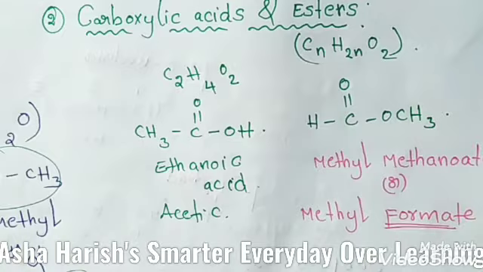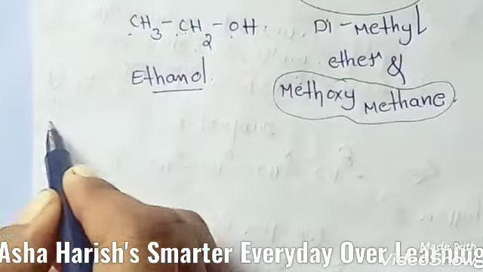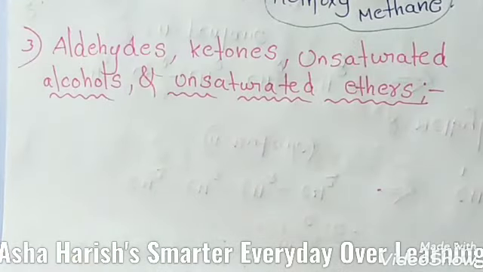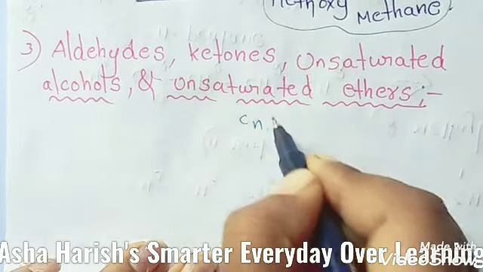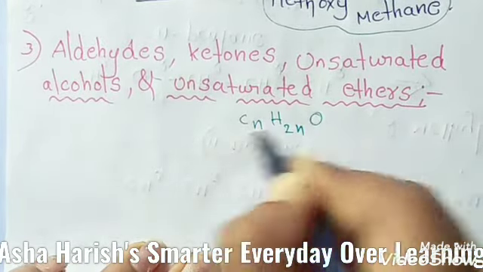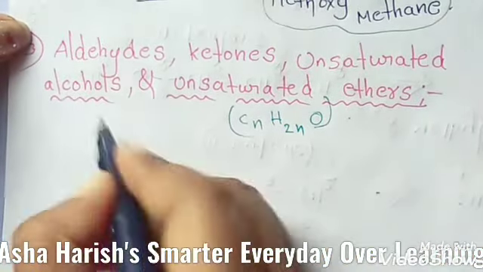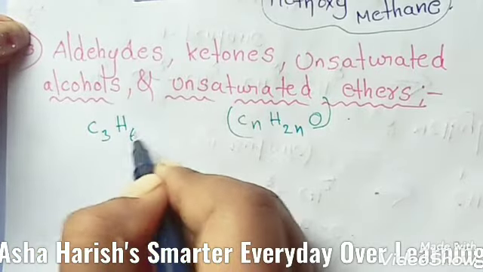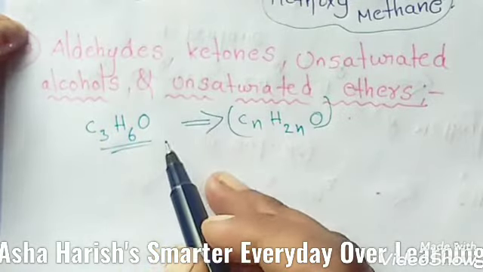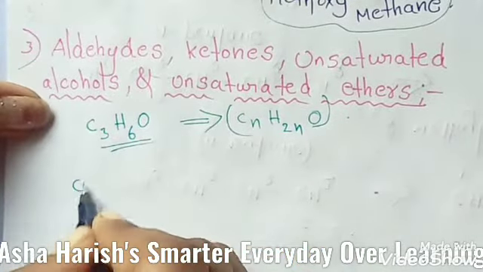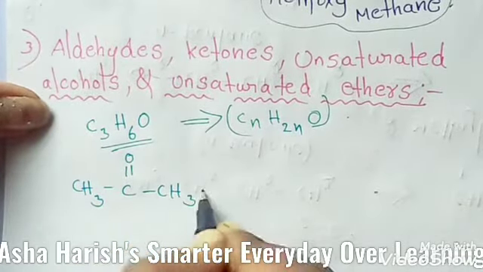We shall go for the third one. The third type is aldehydes, ketones, unsaturated alcohols and unsaturated ethers. The general formula I'm going to write here is CnH2nO. This general formula shows the functional isomerism. For example, C3H6O. This molecular formula represents the structure CH3 C double bond O CH3.